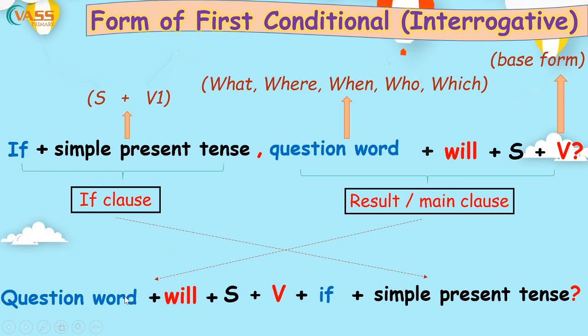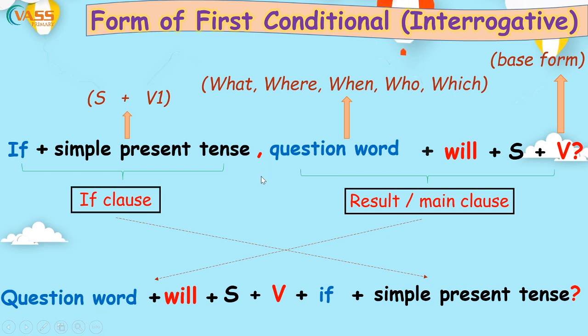All right, so we have our question word, will, subject, verb. This is our main clause. And then if, and then simple present tense, subject, verb, okay? And our question mark at the end. It's nice and easy.